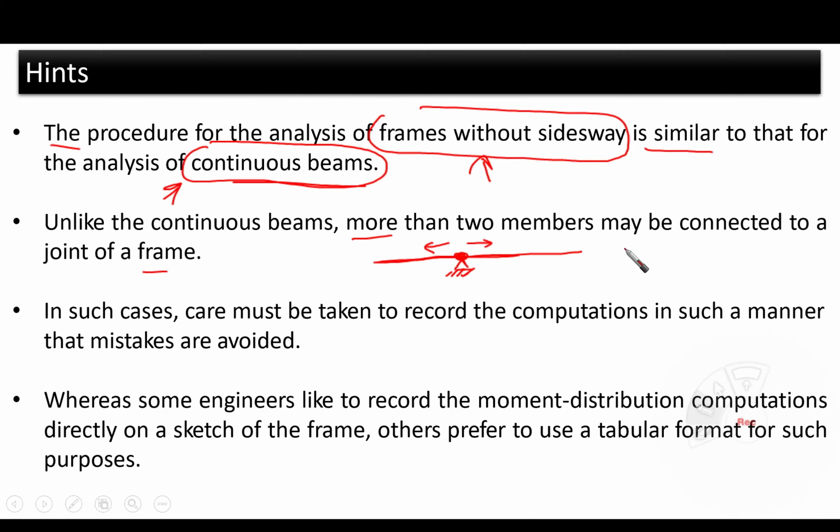However, in the frames, it might happen that we are facing a situation where we have, for example, this frame that we might face. So as you can see here, this joint is having like three branches. So in this case we are going to find that it's a little bit not straightforward like the case of the continuous beam.